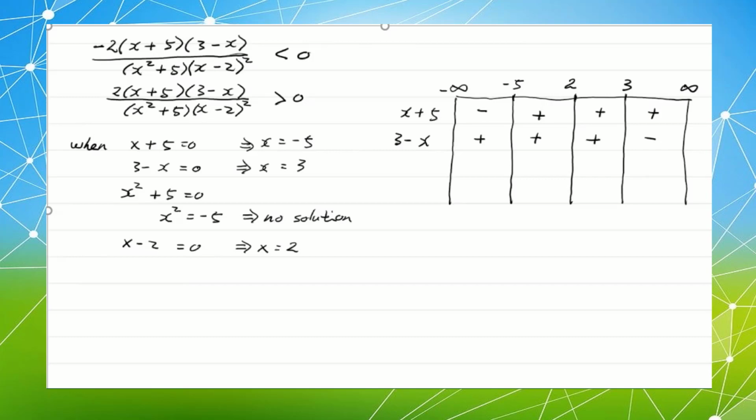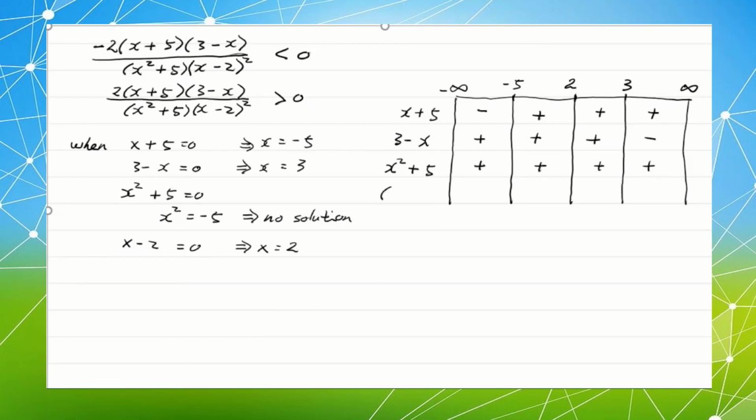Then for x power 2 plus 5, since x power 2 will always give a positive value, a positive value plus a positive value means x power 2 plus 5 is always positive for all the values of x.